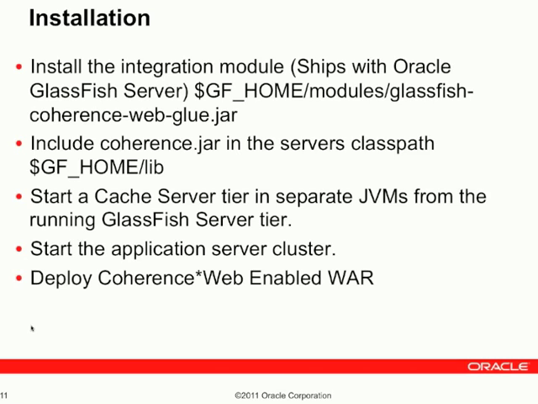Now, whether or not you choose to deploy it to an Oracle GlassFish server cluster is really up to you. The clusterware for Coherence is completely independent of the clusterware for Oracle GlassFish server. And this has some benefits, effectively allowing you to scale out the Coherence Web implementation or clusterware independent of Oracle GlassFish server's cluster.